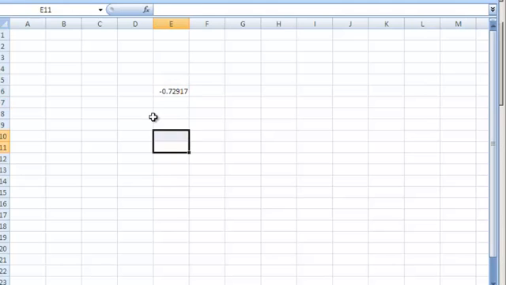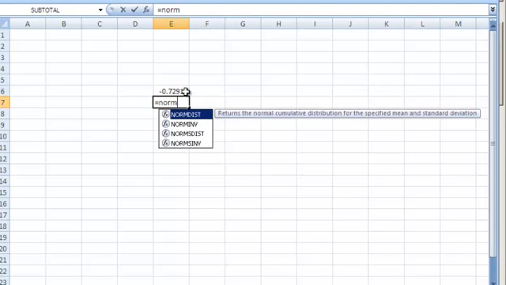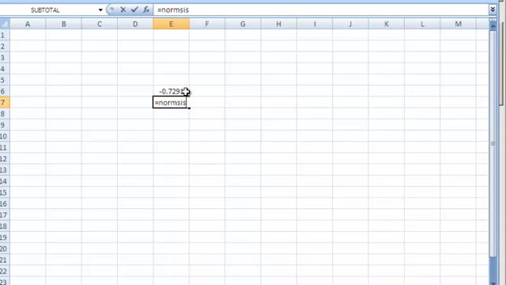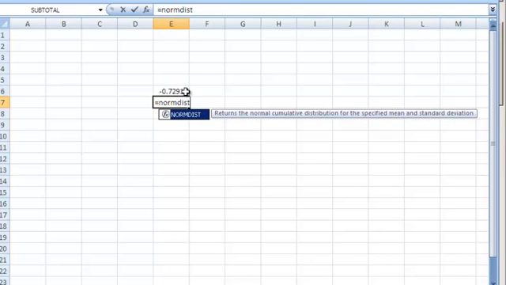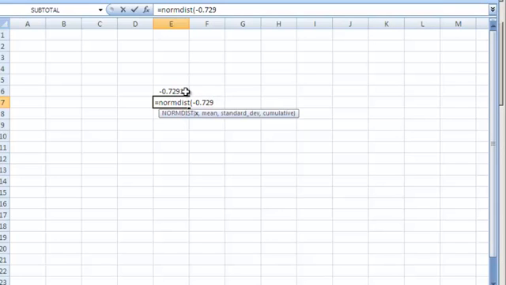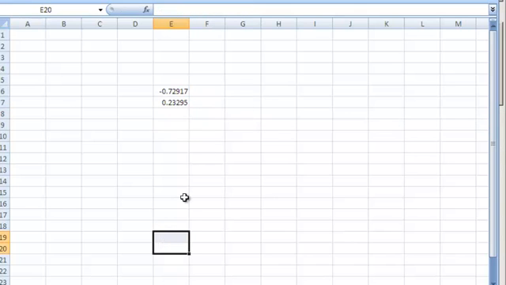It's negative. So the form we can type in is... let's just see if it's going to be happy on the minus numbers. Oh, I've got an S. NORM.S.DIST. Yeah, 0.23.